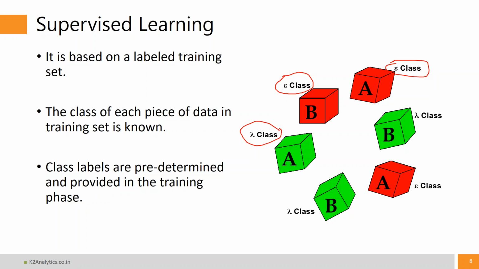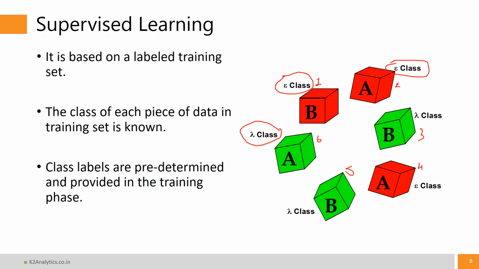Now this can be converted into a data format. This becomes my record number 1. This becomes my record number 2. This becomes my record number 3, 4, 5, 6. These are my 6 data points.